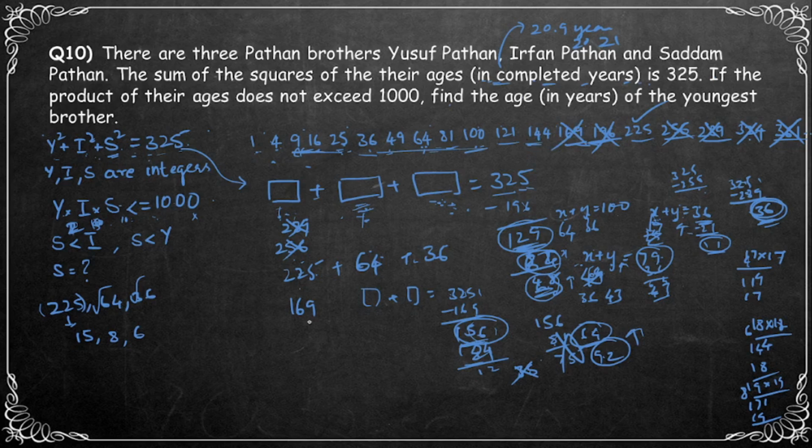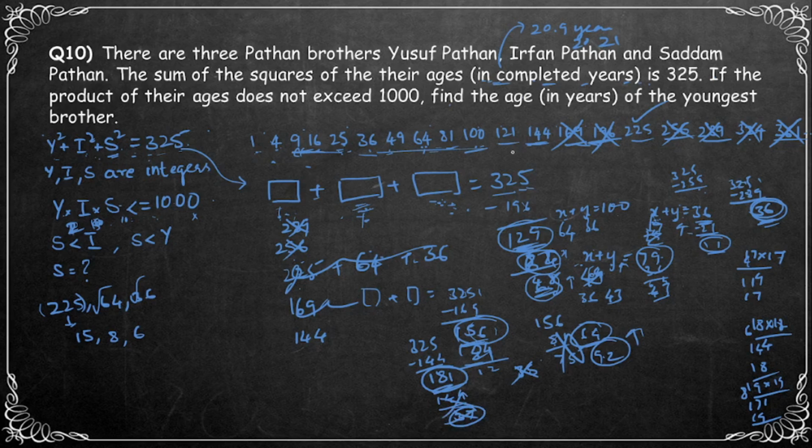If I take the first number as 144, 325 minus 144 is 181. So we need to find two numbers such that their sum is 181. If I take 144 again, I should have 37, which is not a possibility.